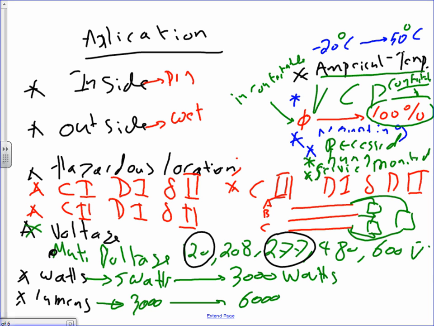If you want to take 120 half a mile from here to light a light in the parking lot, guess what's going to happen to that 120 at the end of the run if you don't use a bigger conductor? You're lucky if you get 50 volts at the end of it. Do you think the light is going to light if you give it 50 volts when it needs 120? No. So what do you need to do to compensate for the voltage drop? A bigger conductor, or better, a higher voltage.